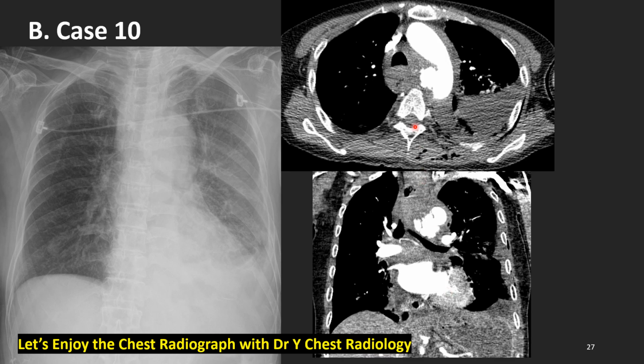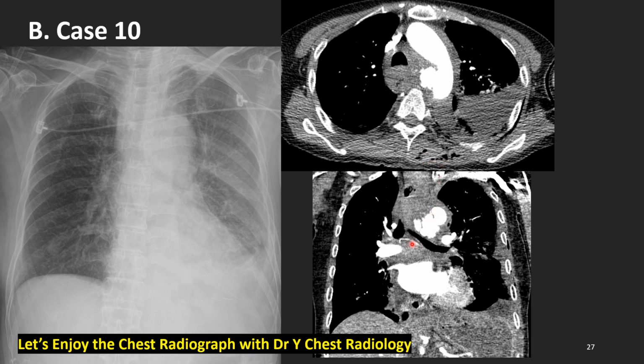On these two axial and coronal contrast-enhanced CT scans, you can see the aortic arch and aortic rupture here, extravasated contrast media here, with hematoma in the mediastinum, with mediastinal widening, with pleural hematoma, with gas in the muscle.